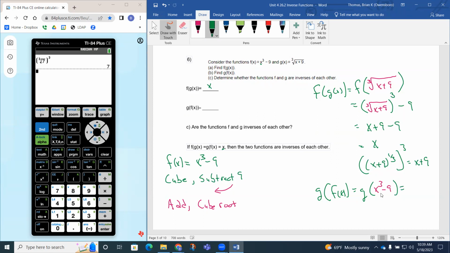And what happens is this x cubed minus 9 goes in place of x in the g function. So in the g function, we have the cube root, and then the x is going to get replaced by this x cubed minus 9. That's going to be my input, a whole function. And then we still have to add 9 to that.